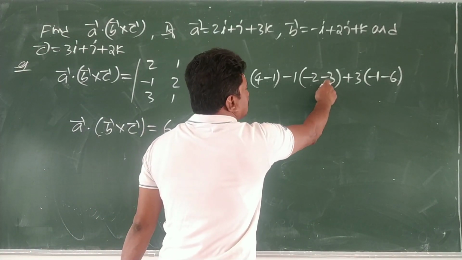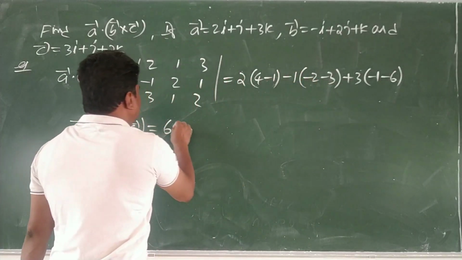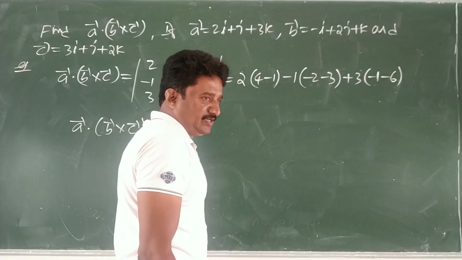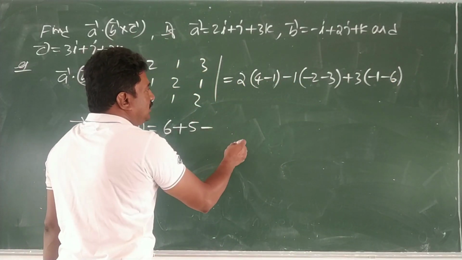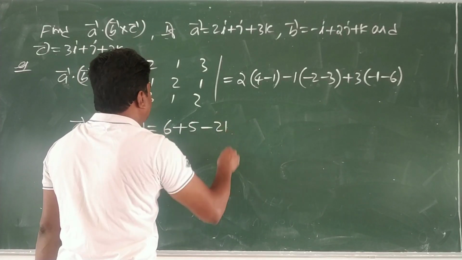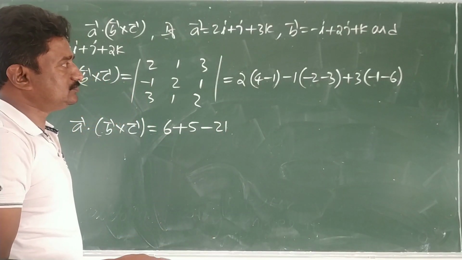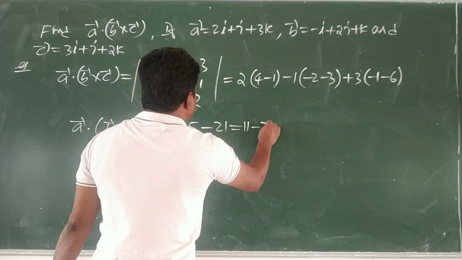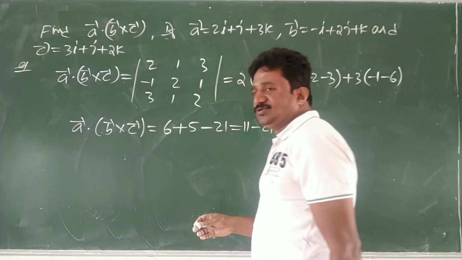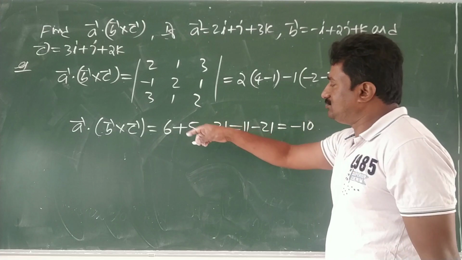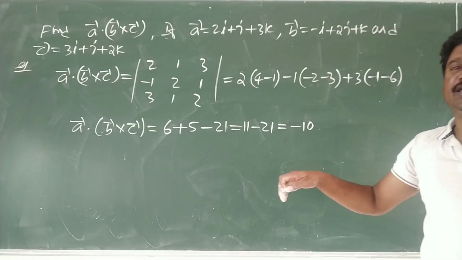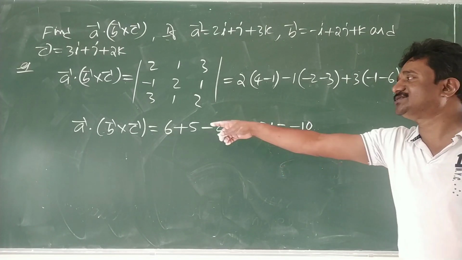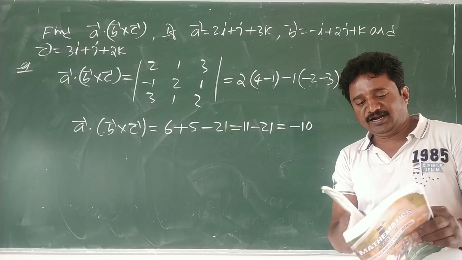Next, minus 1 into minus 2 minus 3, that is minus 5. Minus into minus, plus 5. Plus 3 into minus 1 minus 6, minus 7. Minus 7 3s are 21. So 6 plus 5, 11, minus 21. How much is 11 minus 21? Minus 10. When we take this as volume, you make that minus 10 as plus. Simply it is asked to find A dot B cross C.